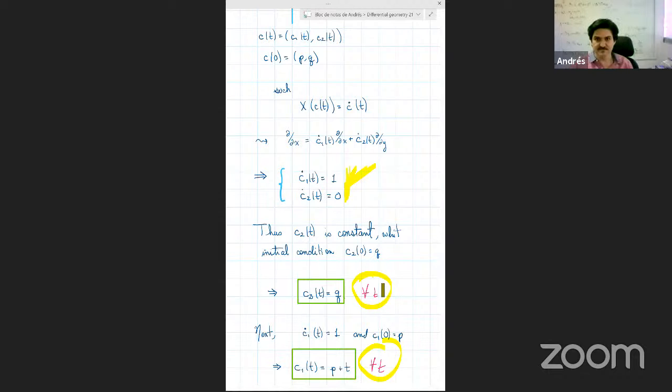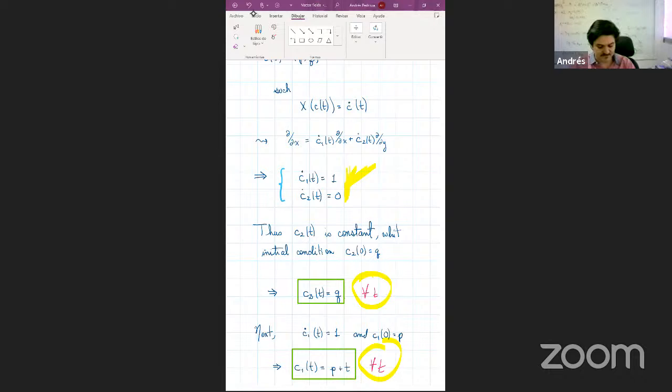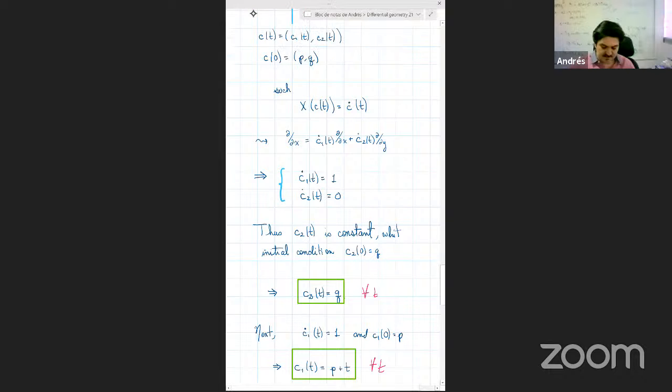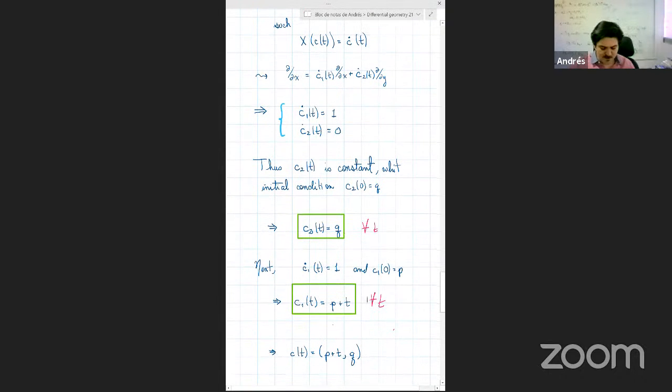That's just by looking at the system of differential equations. Hence, we found the integral curve of the vector field.